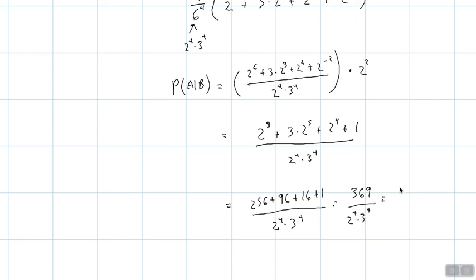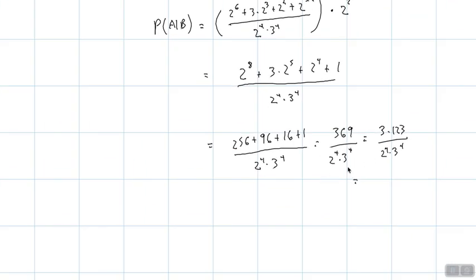And 369 is 3 times 123. And then further simplifying that, 3 times 41 is 123, so we have 3 times 3 times 41. And then we can cancel there, we have a 3 squared down here.